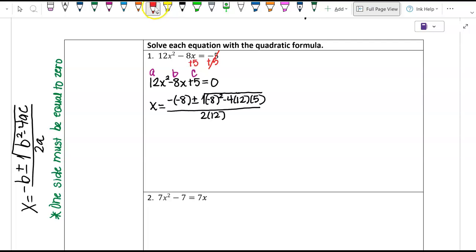Now we have that double negative there in front of the 8, which is going to end up going positive. So x equals 8 plus or minus. And if we work that out, the -8 squared minus 4 times 12 times 5. What number goes under my radical?